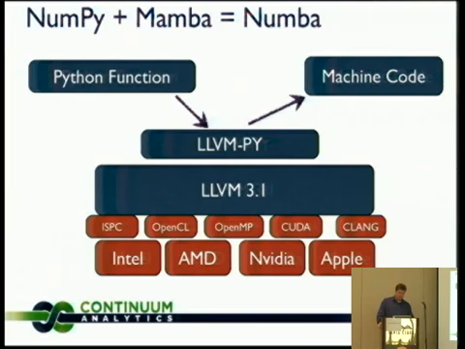So I want to talk about a little project I've started. I'm calling it Numba right now. It's NumPy plus Mamba, as in the black mamba, which is a fast snake. The idea behind this project is that it uses LLVM. LLVM stands for low-level virtual machine, and it's becoming an industry standard.